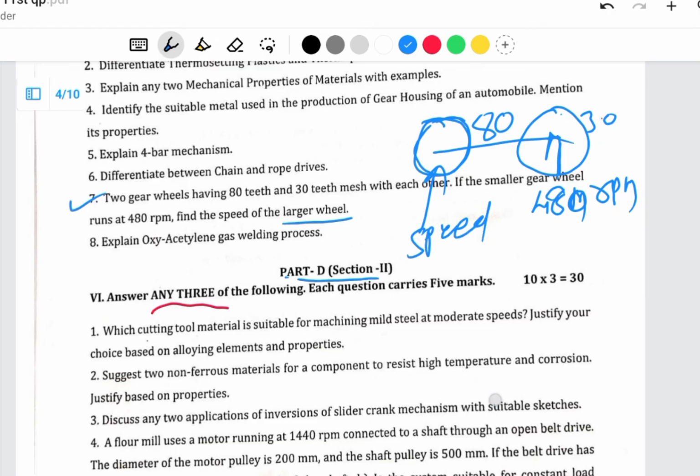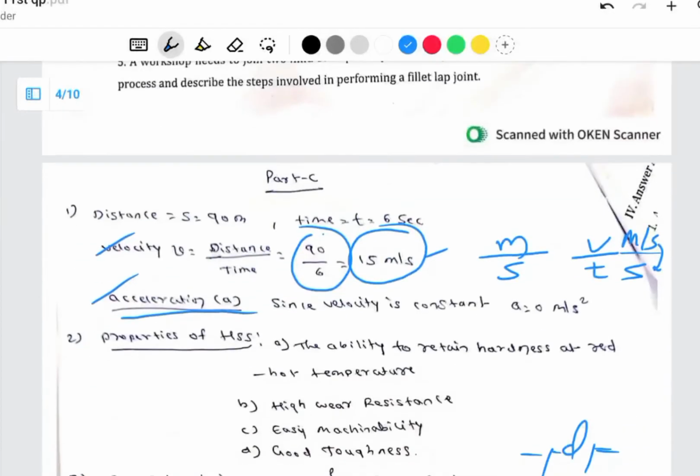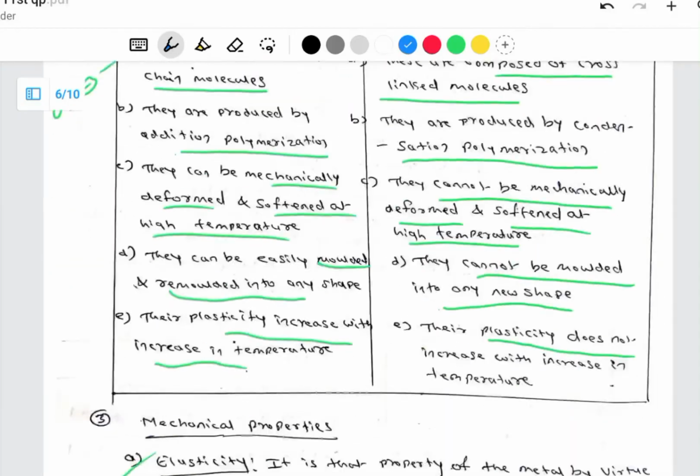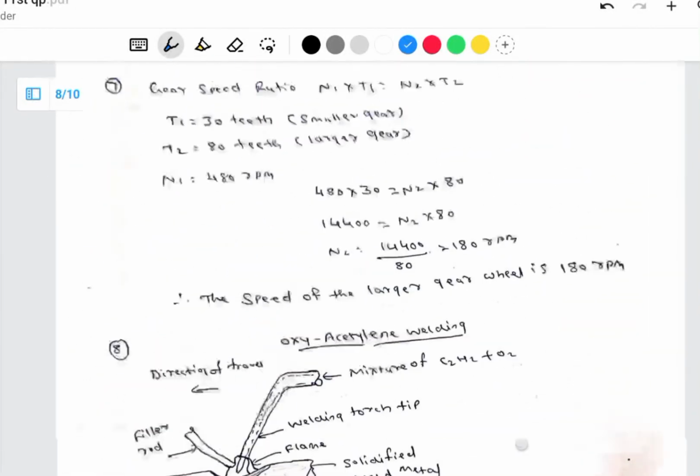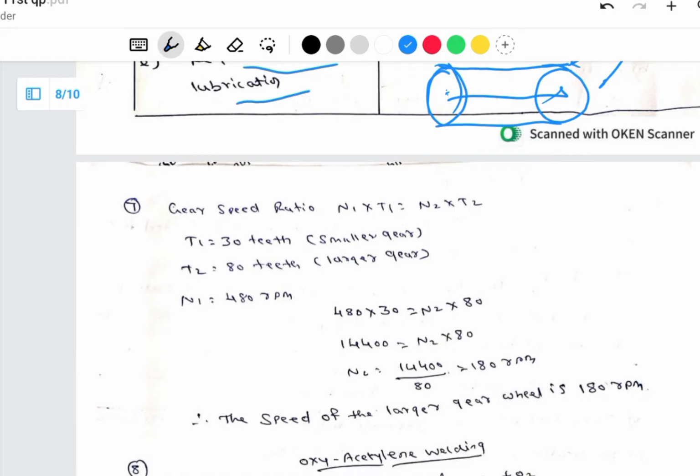To calculate this, T1 is the teeth on the first gear, having 30 teeth. This is the second gear, T2, having 80 teeth.